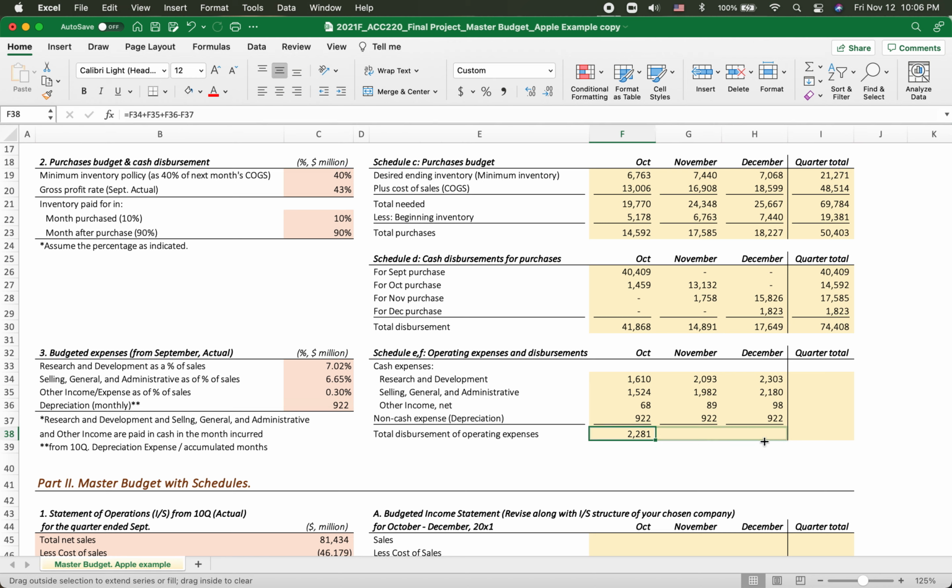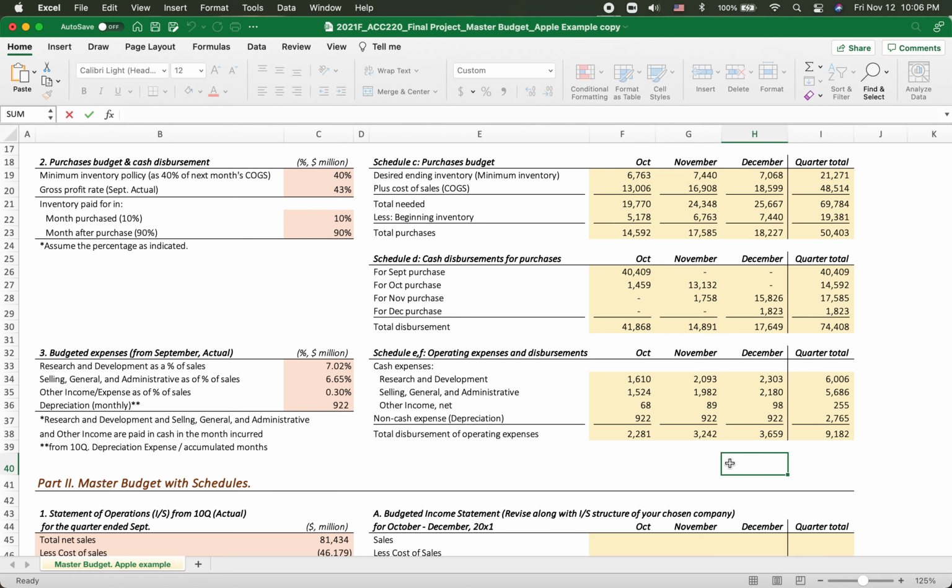And then let's drag it to the right. Just give me a second. Okay, and then let's just sum those up with the same calculations, and then we got all this disbursement part.